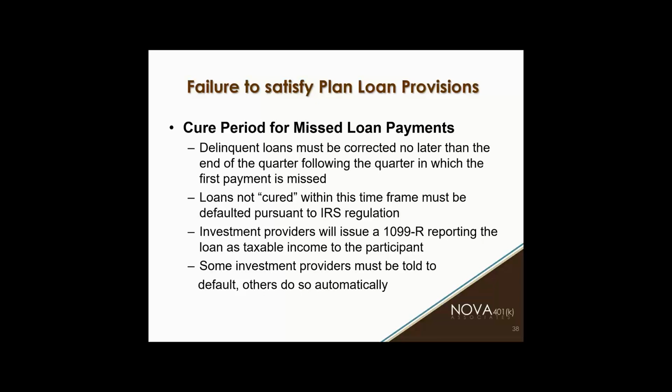We'll talk about how we do that. If it doesn't happen by that time period, then the loan is considered a taxable distribution at that point. So a loan, they're just borrowing their own money, but it's not actually a distribution. They pay it back to themselves. But if you go delinquent on your loan, then it does become a taxable distribution at some point.